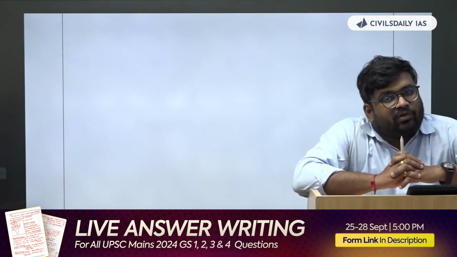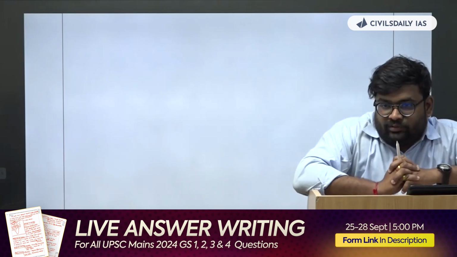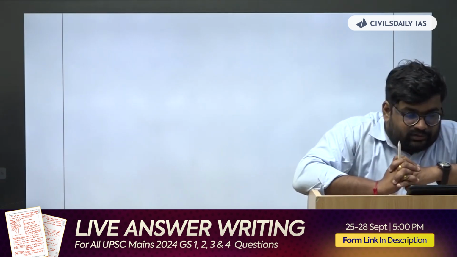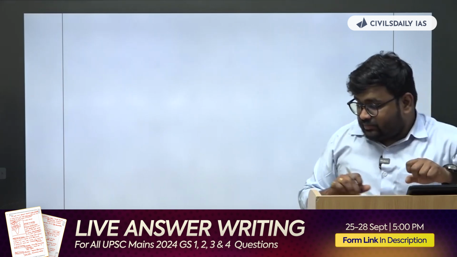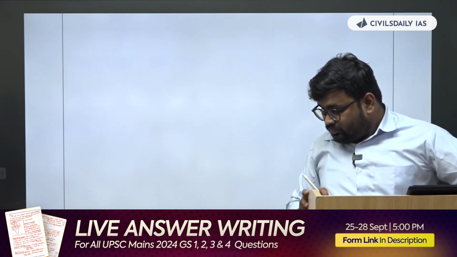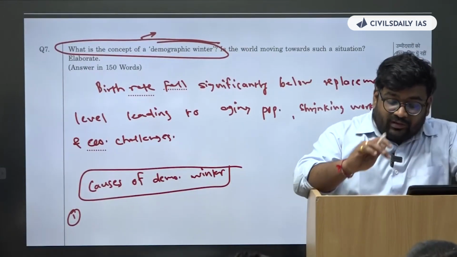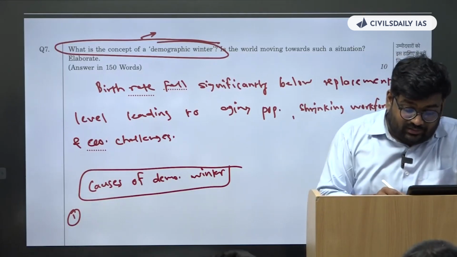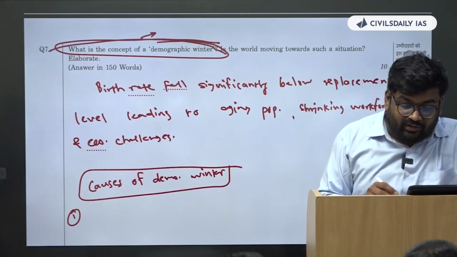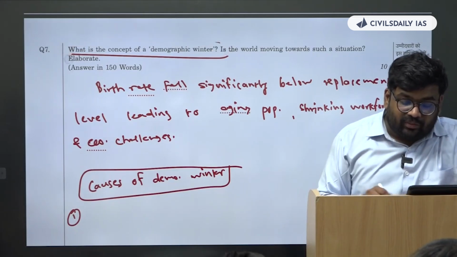You can either follow the stakeholder approach or you can apply the PESTLE approach. Then the next demand: is the world moving towards such situation? Now remember the important thing in this. It's a part of a framework, or the demand understanding.